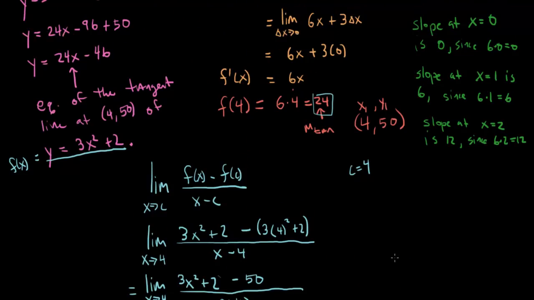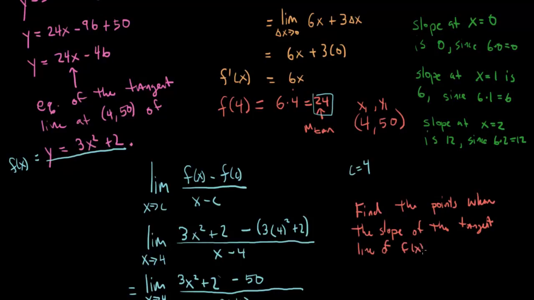One more question I could pose and then answer is, what if I said, let me see here, find the points where the slope of the tangent line of f of x is equal to, it doesn't really matter, let's say 5.